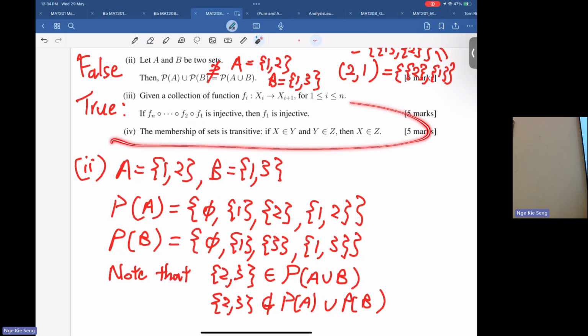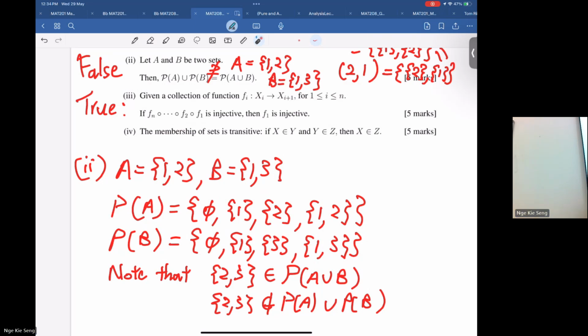Okay, question 4 is a bit confusing, but this statement quite makes sense. If I replace this membership with subset, is it true or not? Is subset inclusion transitive?